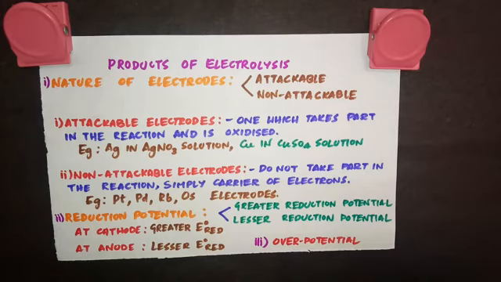And the last factor is overpotential. Sometimes we come across certain cases where a particular process is so slow at the applied voltage that it does not take place, but otherwise it is feasible. For example, if you take oxygen here, oxygen's reduction potential is 1.23 volt. But oxygen will not be liberated at this applied voltage.